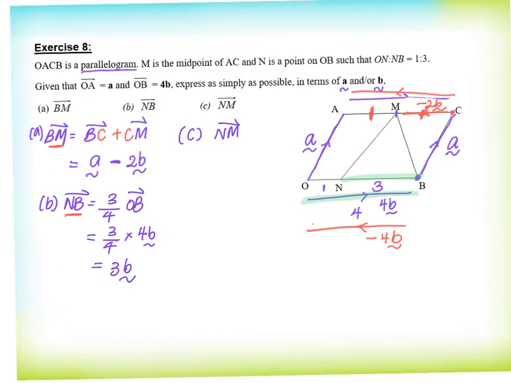N to M will be, I start from N, I travel to B, plus I travel from B and end up at M. So N to B will be the vector 3B, given in part B. And B to M will be the vector A minus 2B, found in part A. Now let us simplify these vectors.